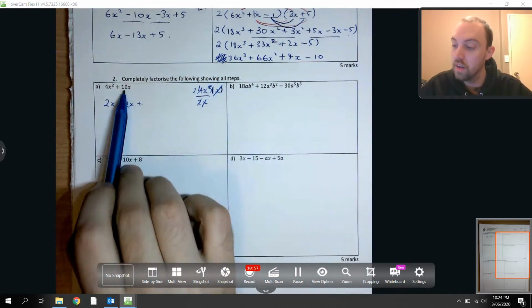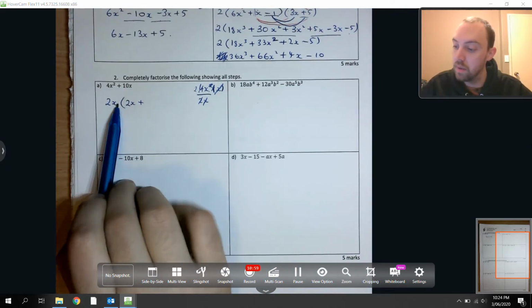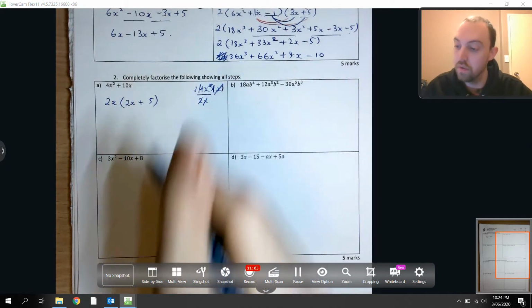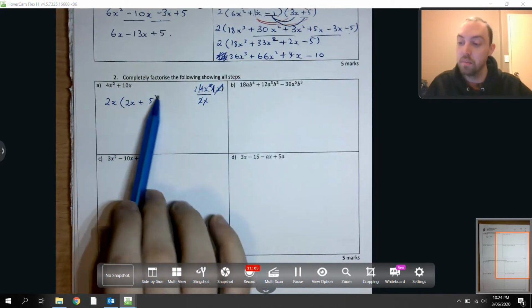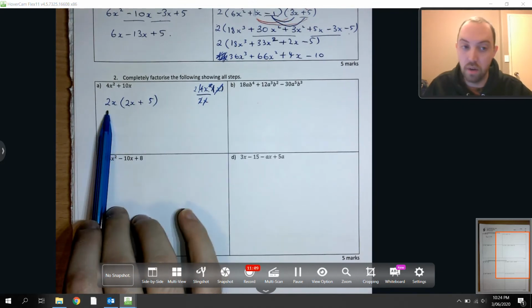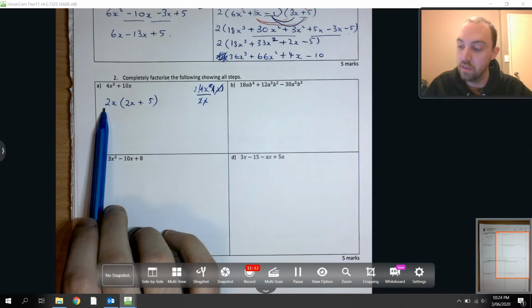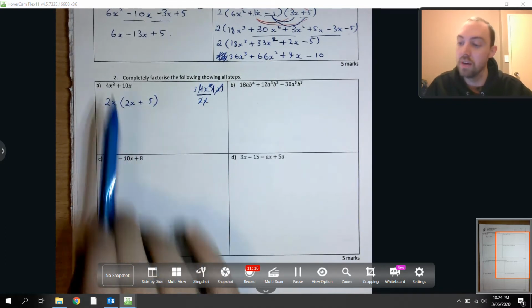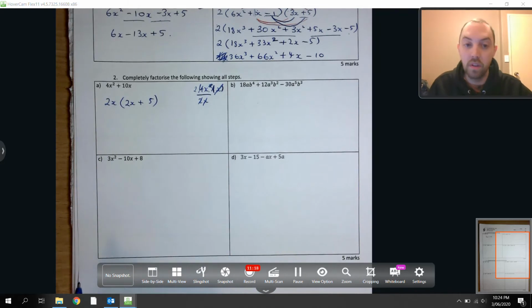Alright. 10x divided by 2x, x divided by x is just 1, 10 divided by 2 is 5, and we should be able to expand the bracket that we've factorized back to the same thing. So 2x times 2x is definitely 4x squared, and 2x times positive 5 is definitely 10x. So we can work both forwards and backwards, which is the idea of factorizing.